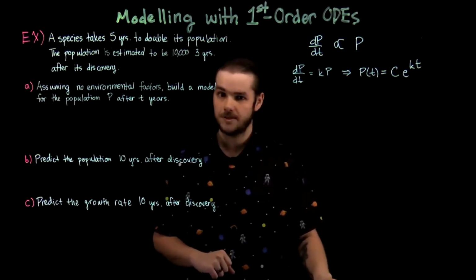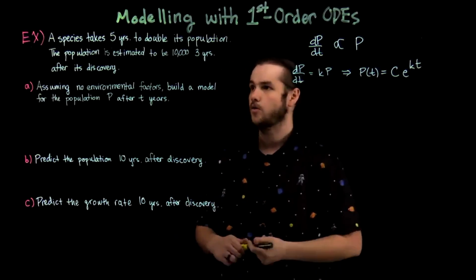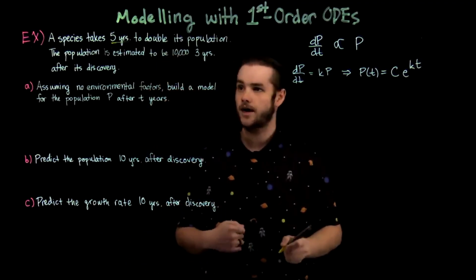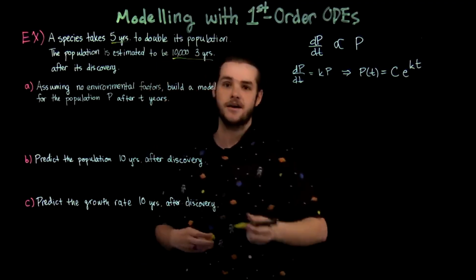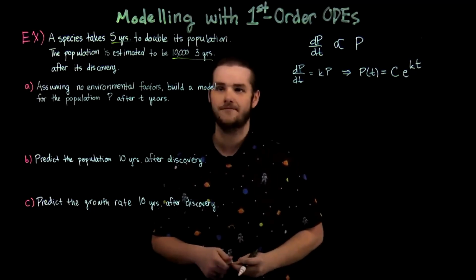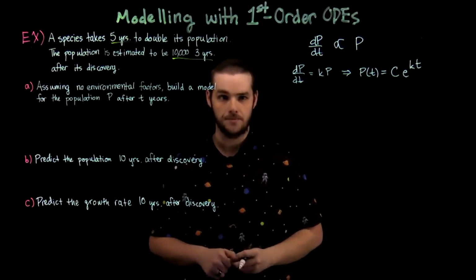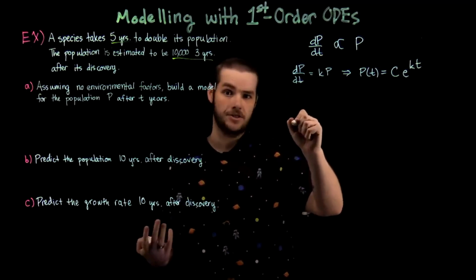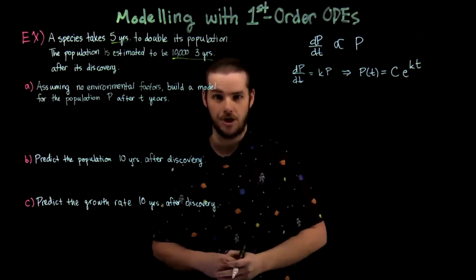So there are two pieces of information that I see up here. One of those is that it takes 5 years to double. The other being, it's 10,000 3 years out. Let's do these one at a time. Let's look at it takes 5 years for it to double its population. Now, I don't know what the population is 5 years out because I don't know the initial population yet.